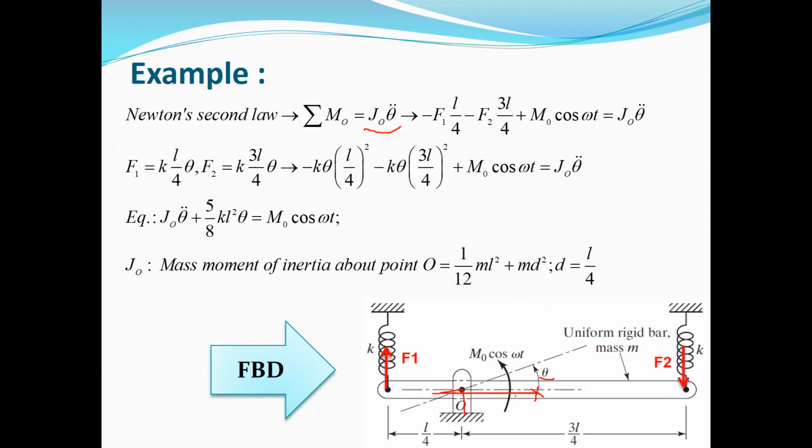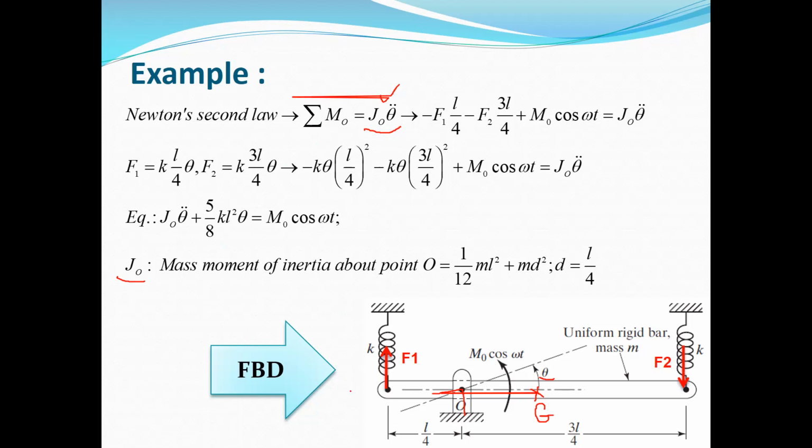So the mass moment of inertia about point O is equal to the mass moment of inertia about the mass center, point G, plus m d squared, which d is the distance between point G and point O, and it's equal to L divided by 4. So this is the mass moment of inertia about point O, and we can insert into Newton's second law here to extract the equation of motion.